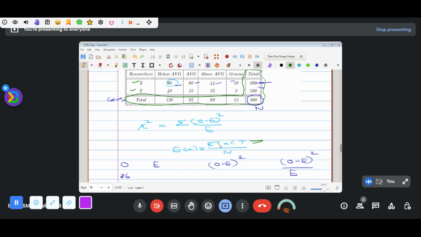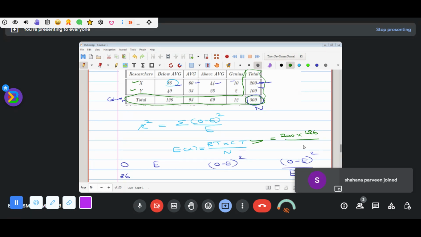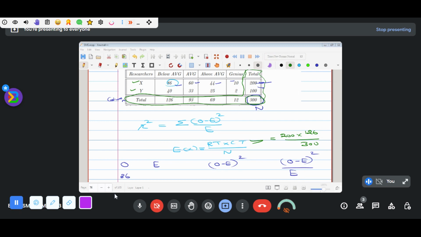For 86, the corresponding row total is 200, into the corresponding column total 126, divided by the overall n value, the grand total, which is 300. Now we simplify.